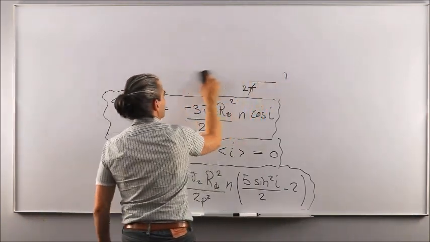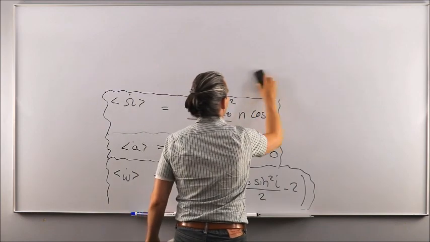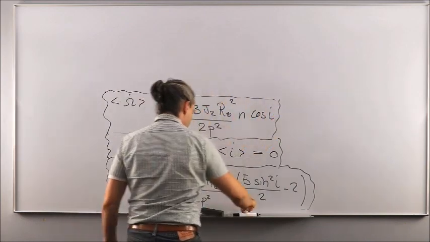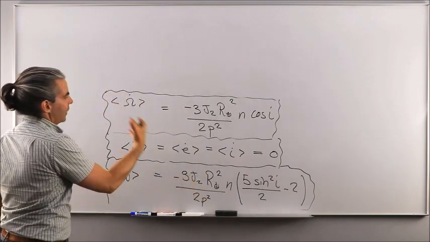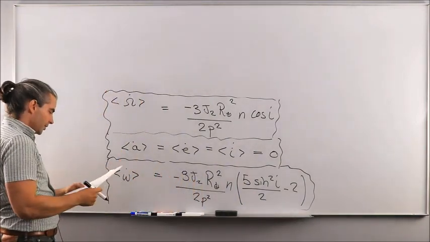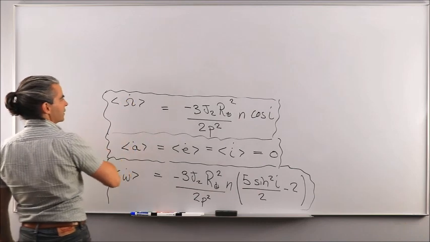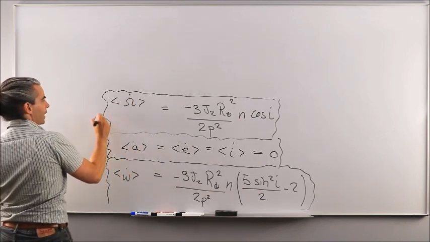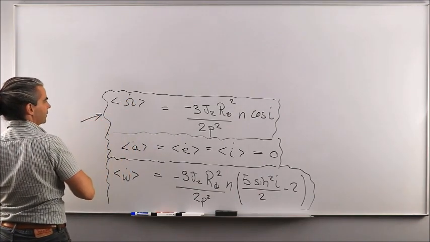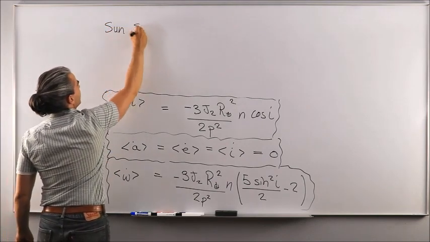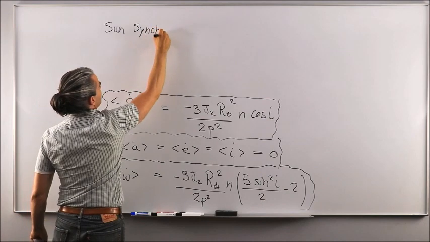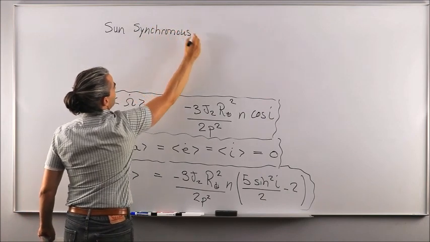And actually, through the careful design of orbital elements, we are able to take advantage of those to design 2 types of very specific orbits. The first one is designed by looking at this effect, and that's going to give us what's known as a Sun-Synchronous Orbit.